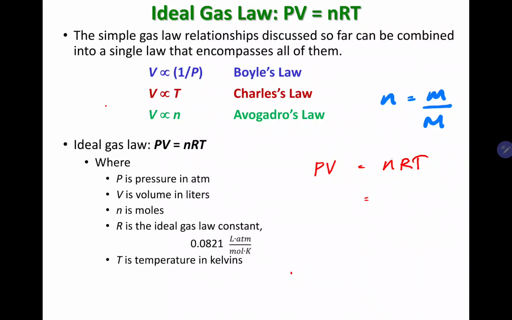So you can substitute n with m over M. The lowercase m stands for the mass in grams, and uppercase M stands for molar mass. If you don't know the number of moles and you know the mass, you can easily figure out the number of moles using n equals m over M. So sometimes you can write the ideal gas law as PV equals mass divided by molar mass, times RT, depending on the terms that you know. So this is the ideal gas law.